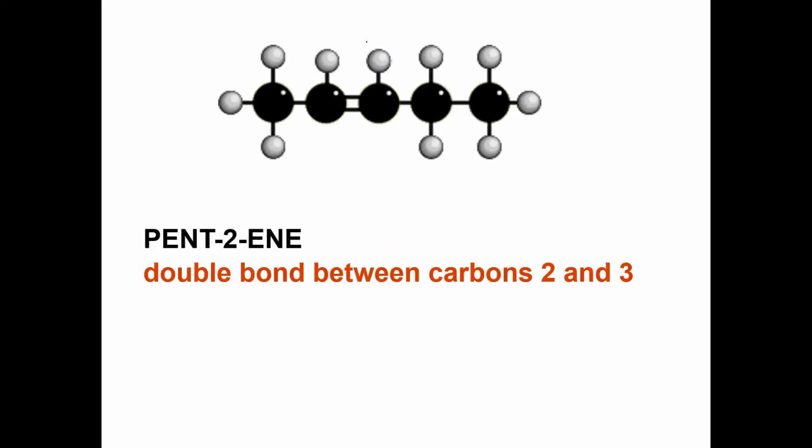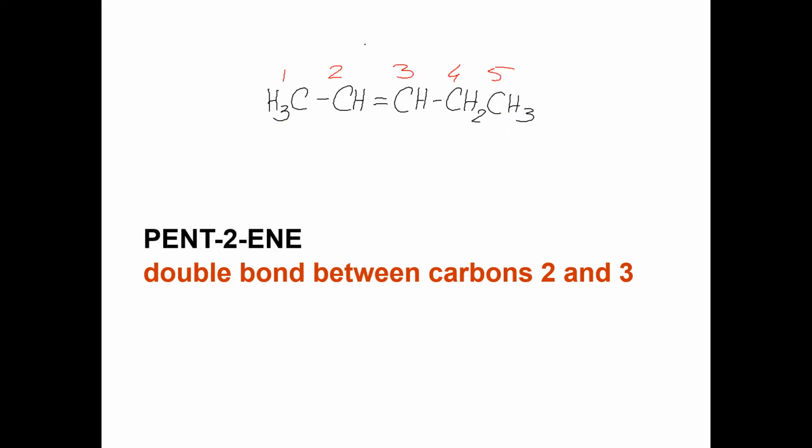Now, look at this one. This is called pent-2-ene. Now, this is a structural isomer, a structural position isomer. You have to copy this. Okay.